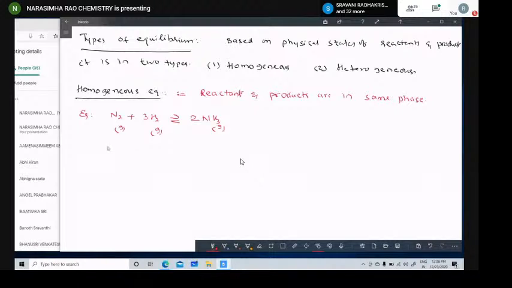Another example, children: acetic acid, CH3COOH, and ethyl alcohol, C2H5OH, react with each other in acid medium, means aqueous, forming ethyl acetate.